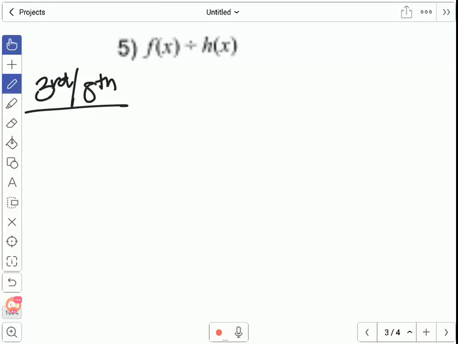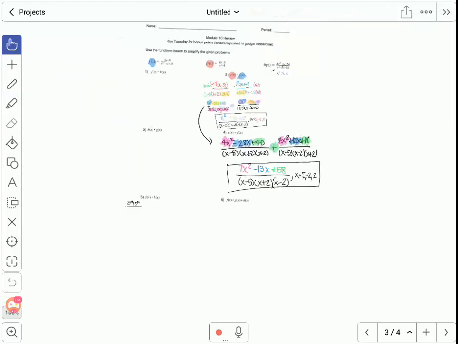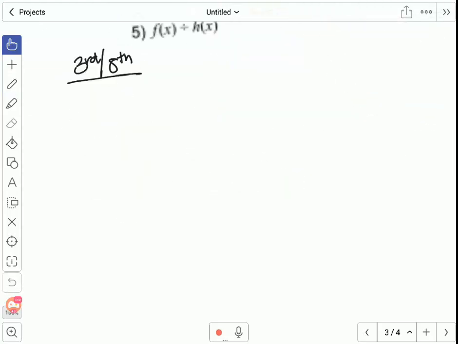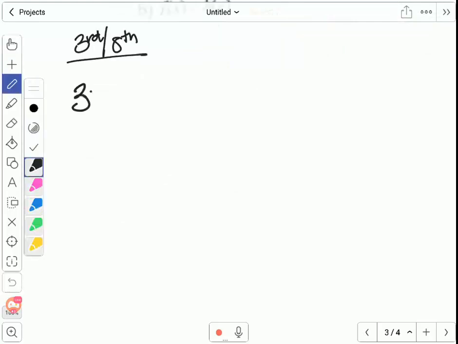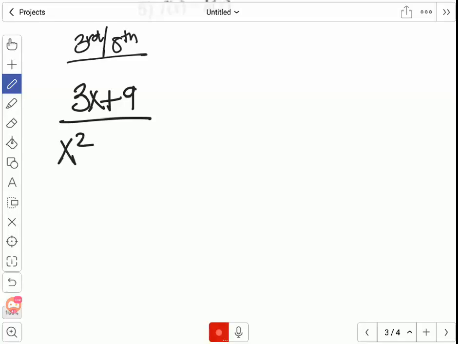So x squared minus, sorry, gotta look back at the problem, 3x plus 9 over x squared minus 7x plus 10.